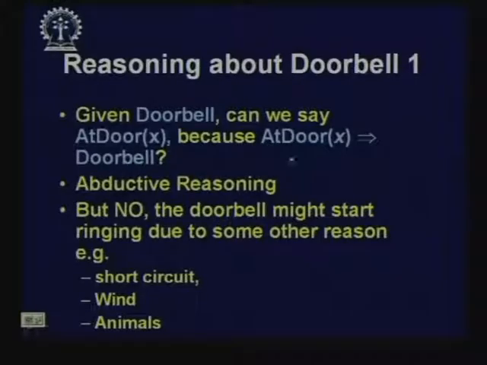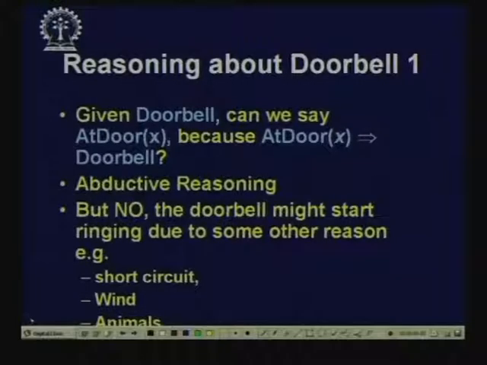According to deductive reasoning we cannot say for sure at door X, but using our common sense or day to day style of reasoning, often we tend to conclude that if there is a doorbell, then someone is at the door, although according to deductive reasoning that may not be true.